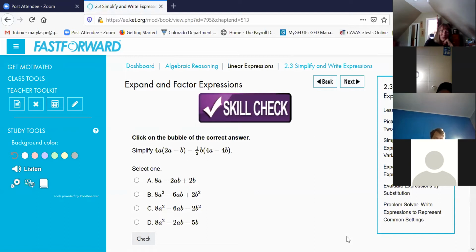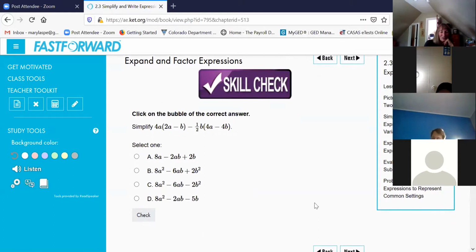Oh, look what they're doing to us. I know I can do this one. If they're telling us to simplify, we're not factoring. We're going to use the distributive property and then combine like terms.